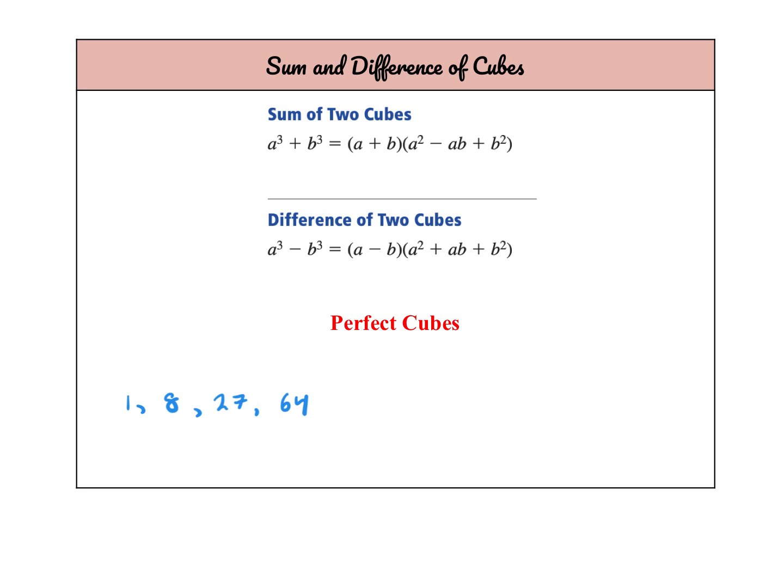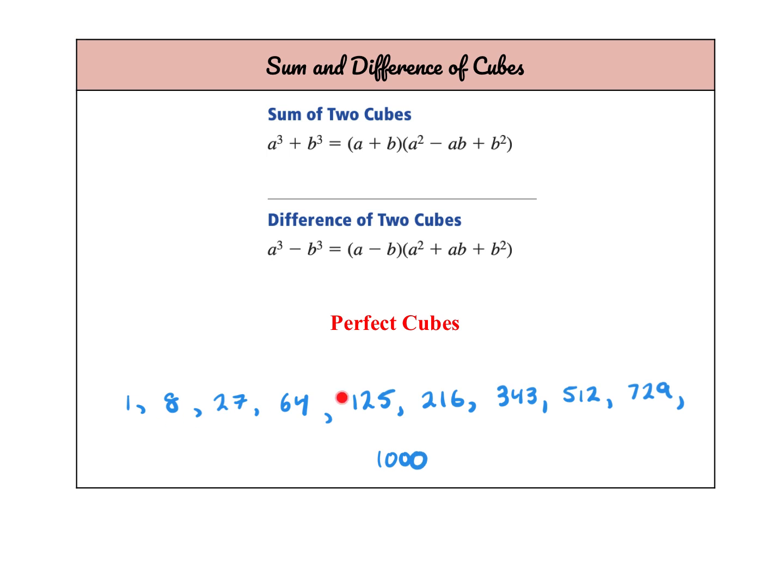So 64 is kind of interesting because it's a perfect square and a perfect cube. 5 cubed is 125. 6 cubed is 216. 7 cubed is 343. 8 cubed is 512, 9 cubed is 729, and 10 cubed is 1,000.